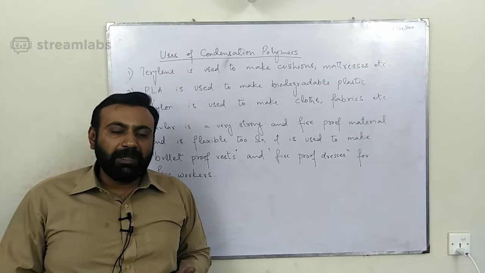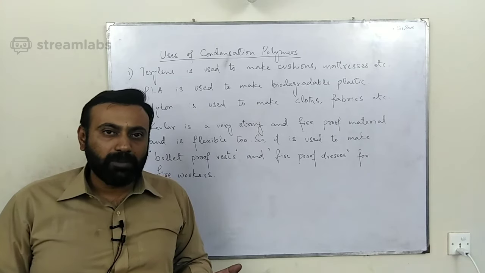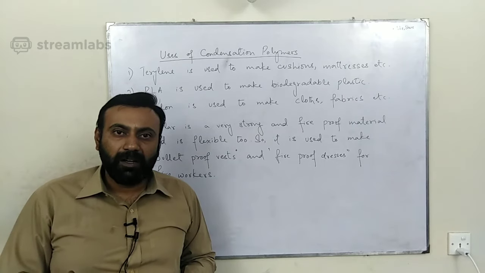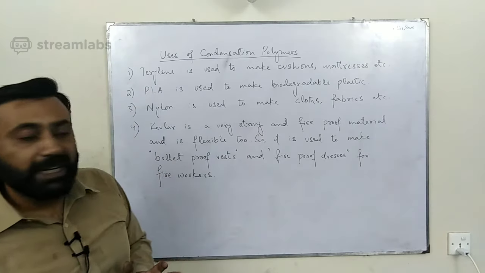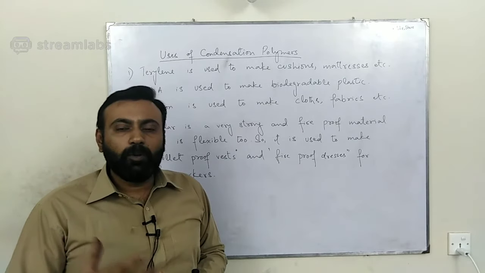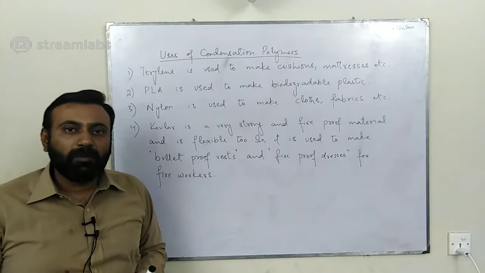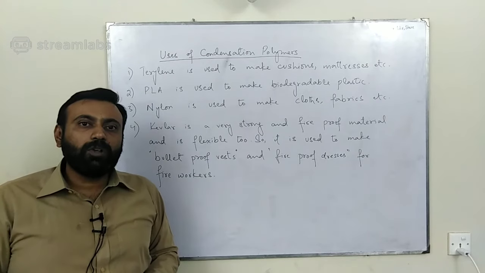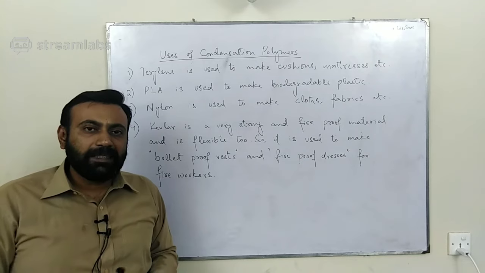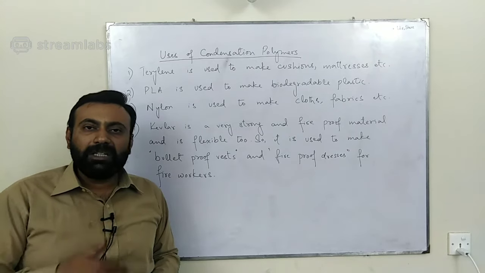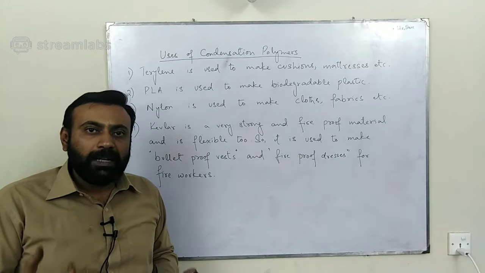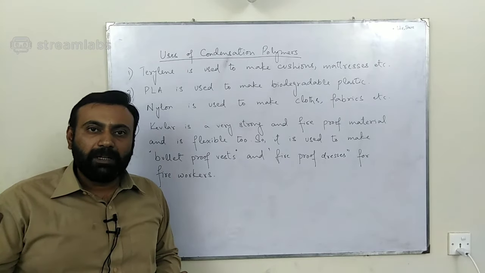Biodegradable materials are those which are decomposed by living organisms, the microorganisms like bacteria and fungi. And those which are not decomposed by these microorganisms are non-biodegradable. The use of biodegradable material is always preferable, because non-biodegradable material does not decompose. After using, when we dispose of it, it remains where we throw it away.